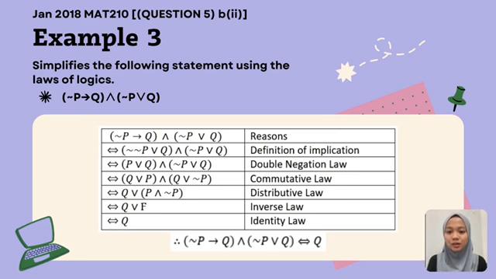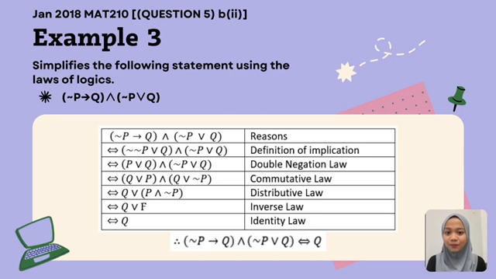It is because the statement of not P implies Q, we need to change to not P or Q. So the answer is not P or Q and not P or Q.